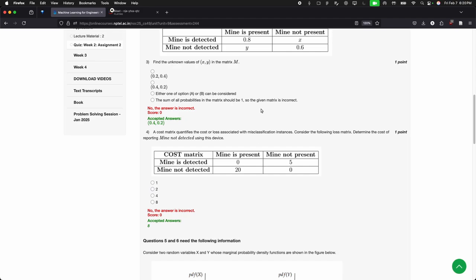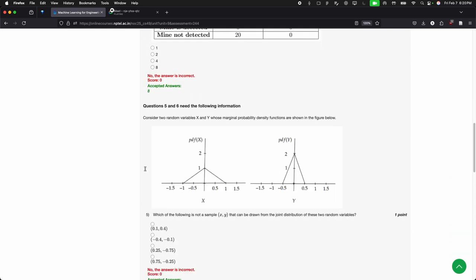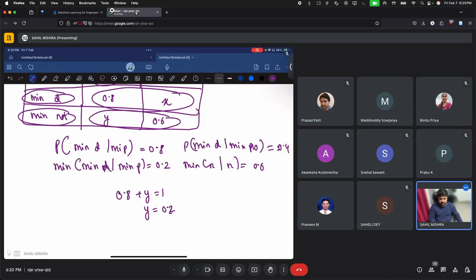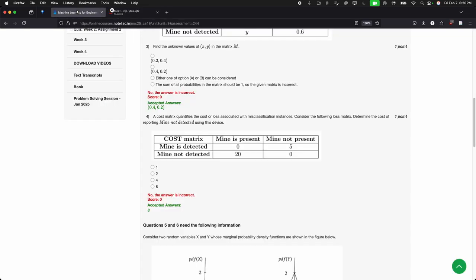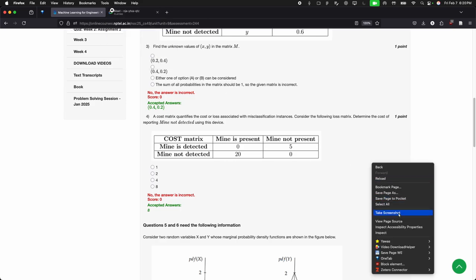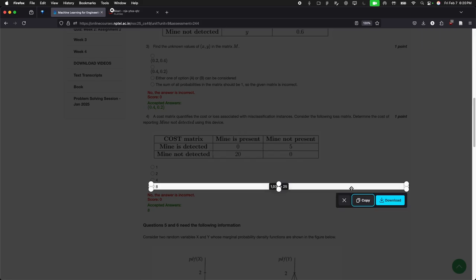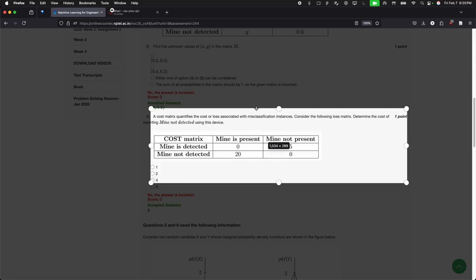What you are saying is this column sum property will not hold true in this case. Okay? Anybody has any idea? Any ideas, anyone?